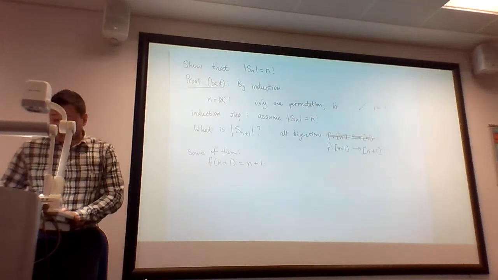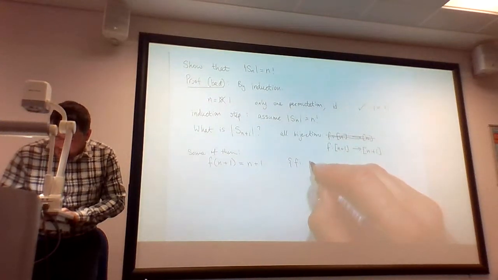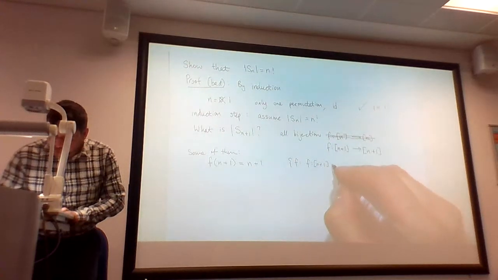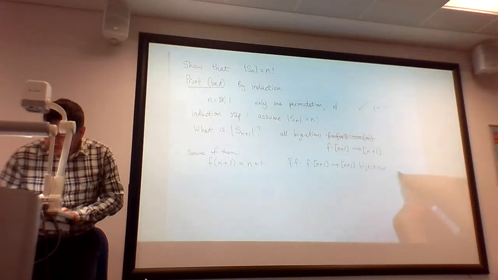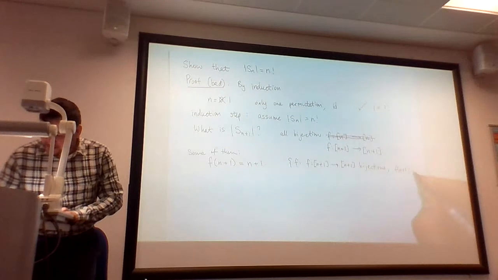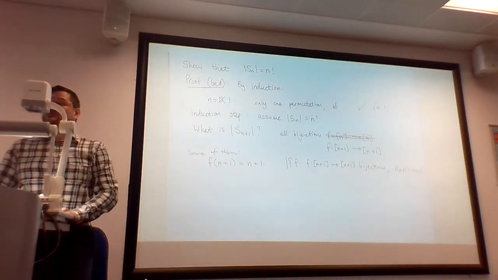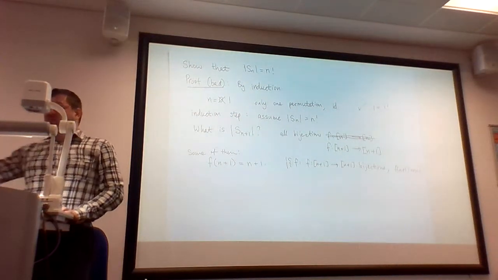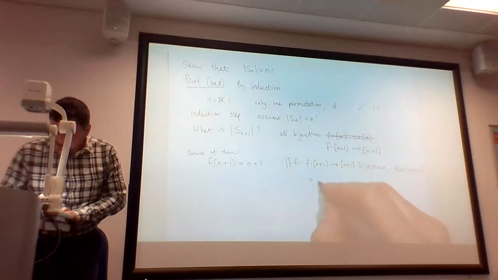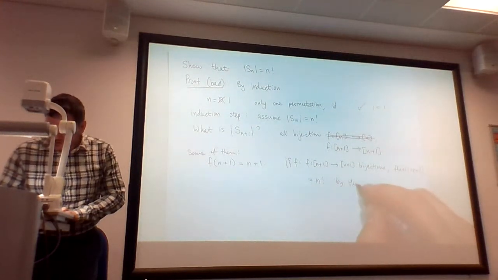When you look at all the bijections from 1 to n plus 1 to 1 to n plus 1 such that f of n plus 1 is n plus 1, the size of this set, all the bijections where the last element is mapped to itself, is n factorial by the induction hypothesis.